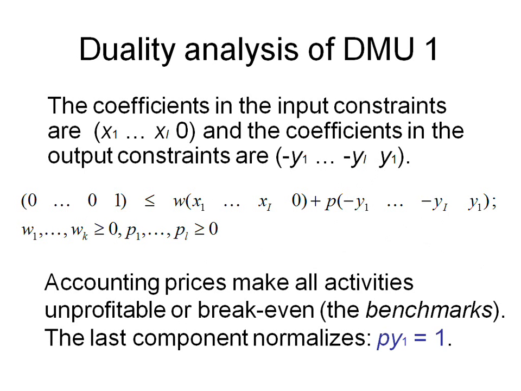Now, let us look at the condition that characterizes the solution to the linear program that determines the efficiency of decision-making unit 1. Okay? In a systematic way, applying the theory we have developed yesterday.